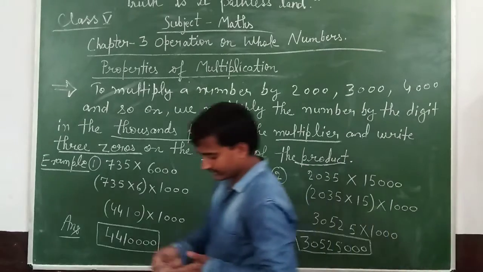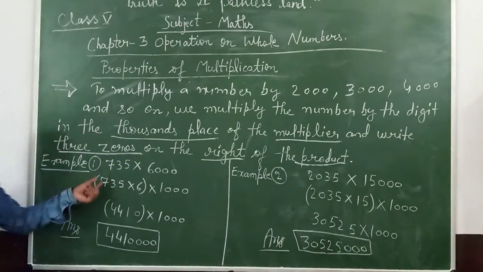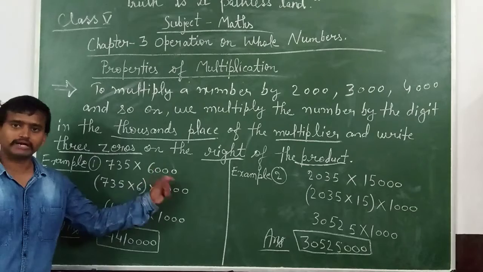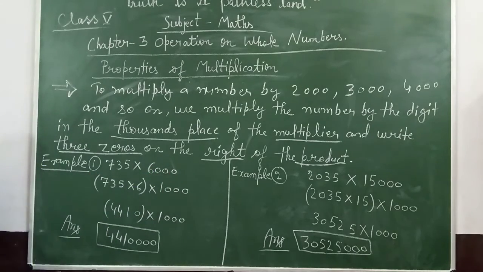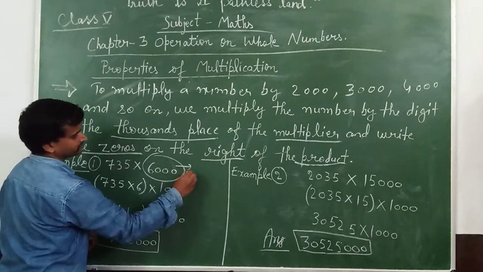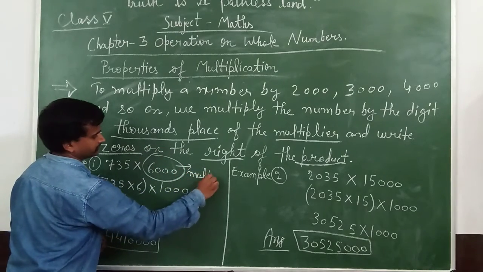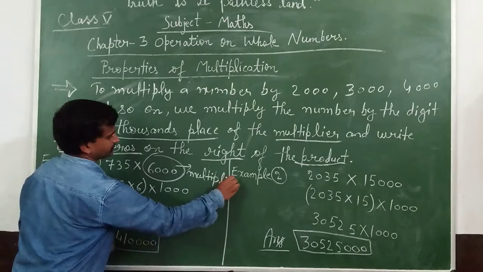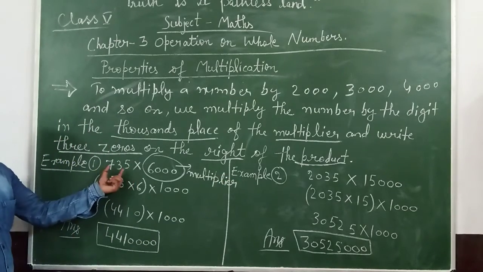Let us see one example. Example number 1 is 735 multiplied by 6000. Here it is multiplied, and we have to multiply this number.